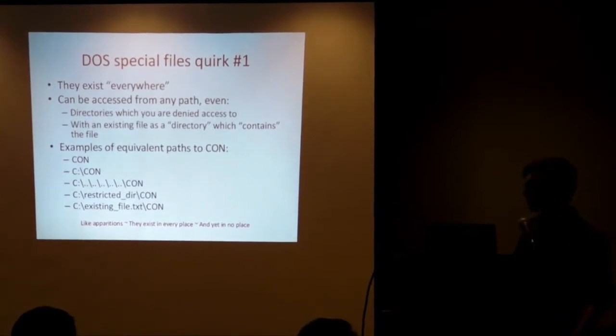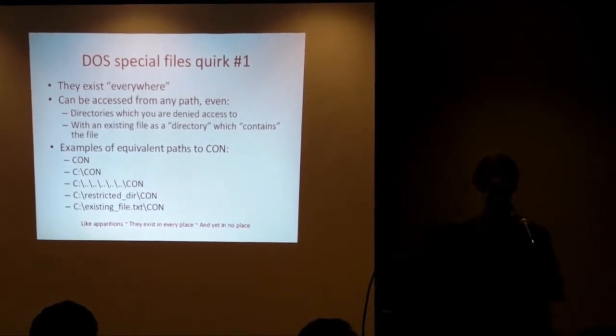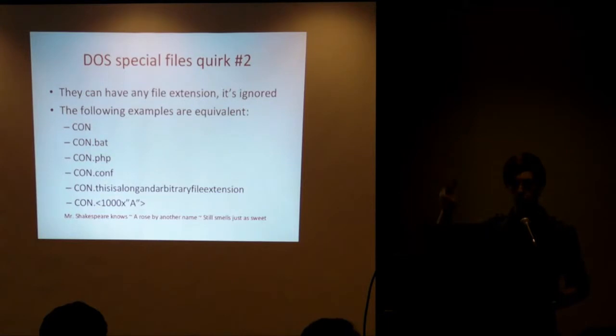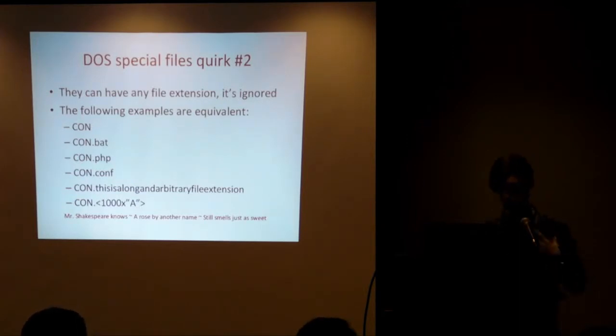And this is going to be very important very soon. This guy right here. So, number 2, they can have any file extension. Completely ignored. So con.exe is the same as con.bat, is the same as con.php, etc.